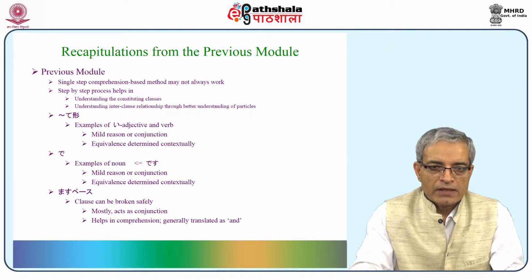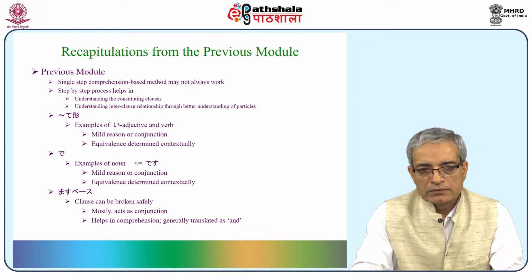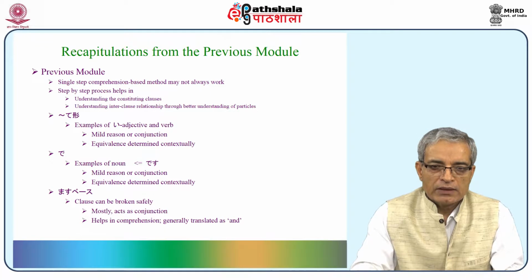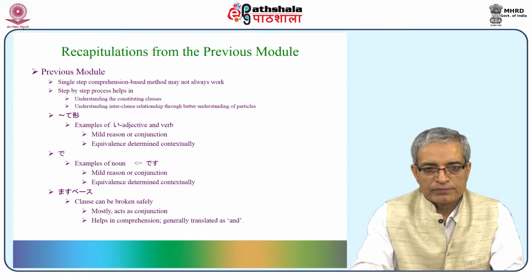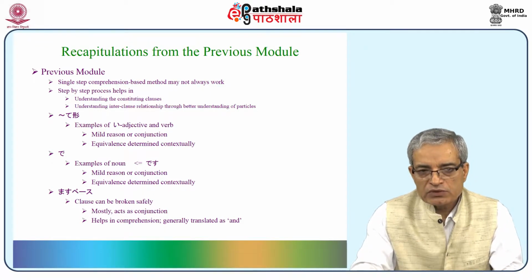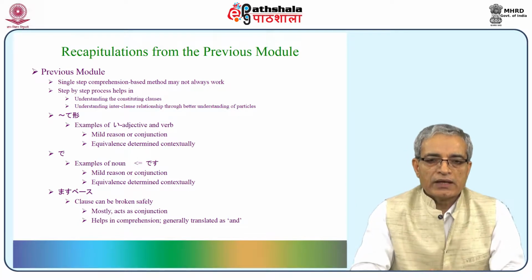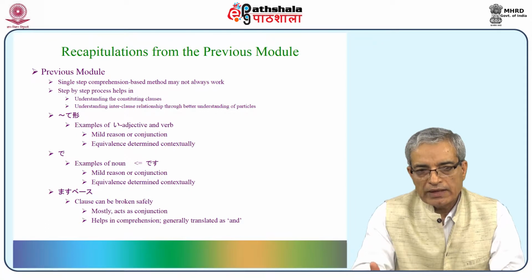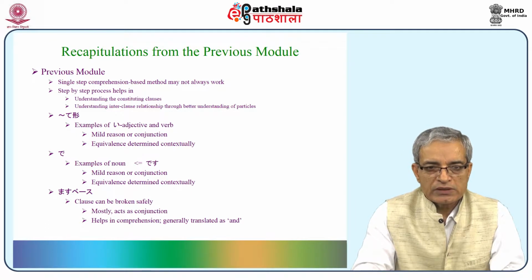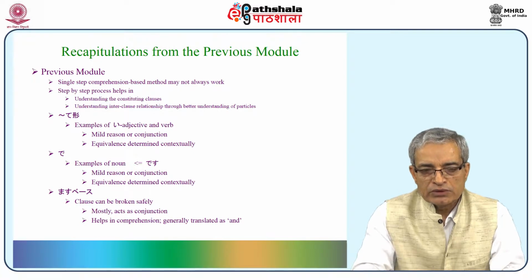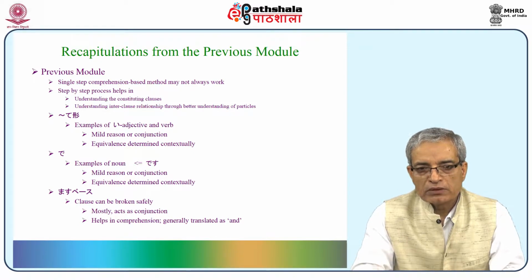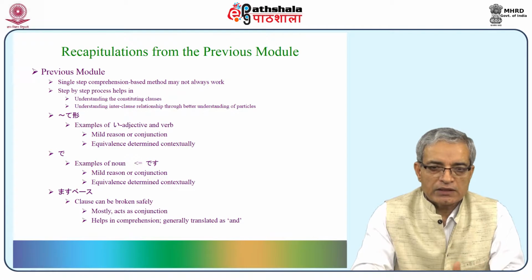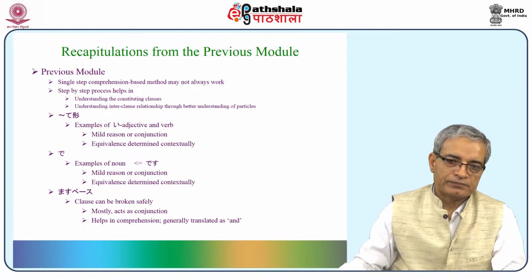Again, it represents mild reason or conjunction, and the equivalence is determined contextually. Masu base was also discussed, and we found that a clause can be broken very safely at the masu base. Mostly it acts as a conjunction and helps in comprehension. Generally, it can be broken first, and while translating it can be joined by 'and'.